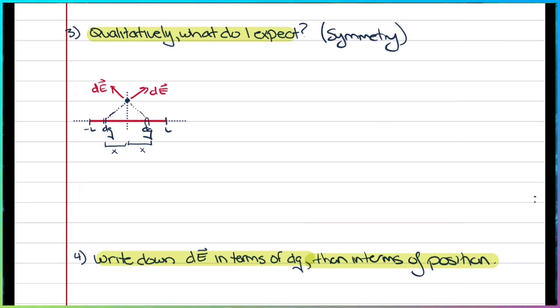And I expect it to be the same exact magnitude, but mirrored over the x equals 0 plane. So in that case, let me call this d1 and d2. I expect that when I add these things up, the result is going to only have a vertical component by the symmetry.